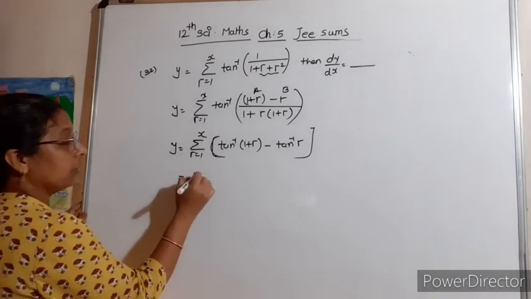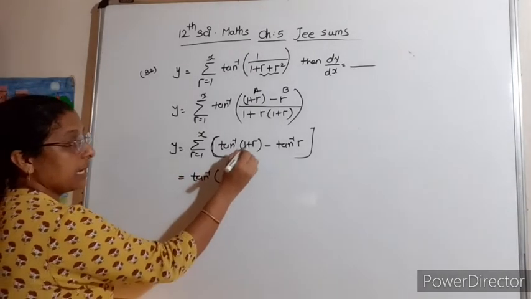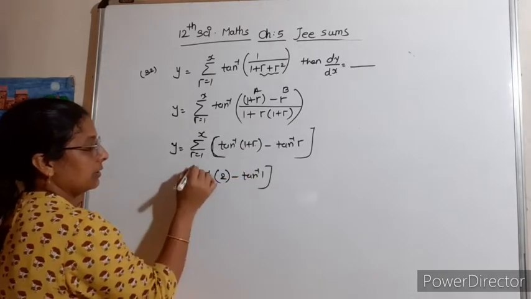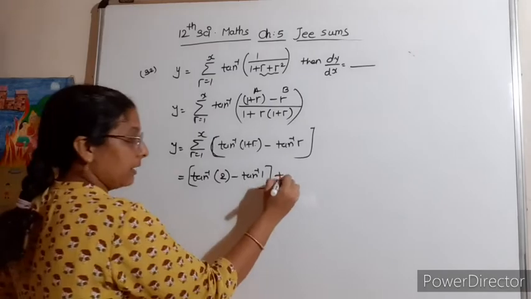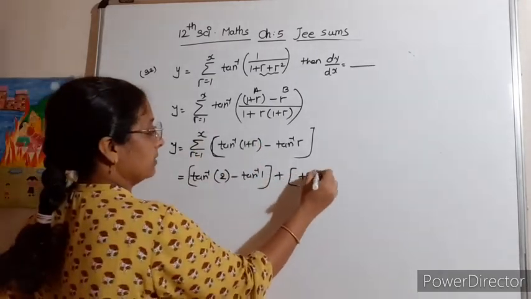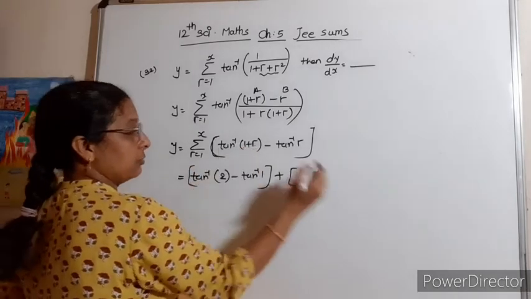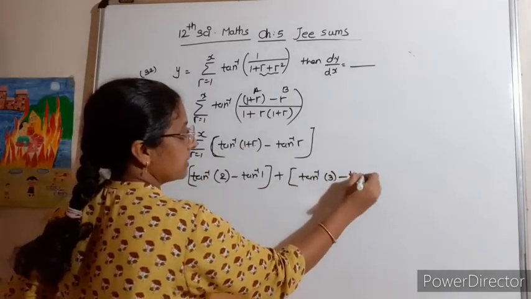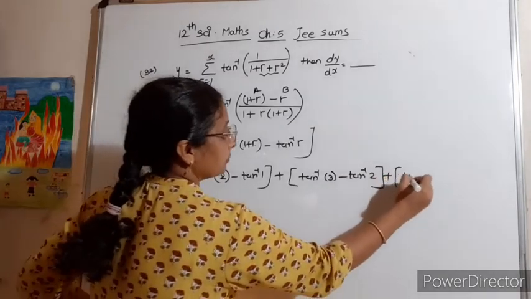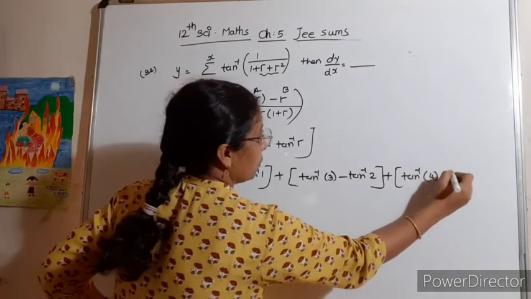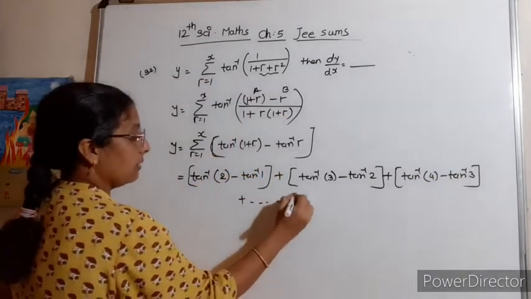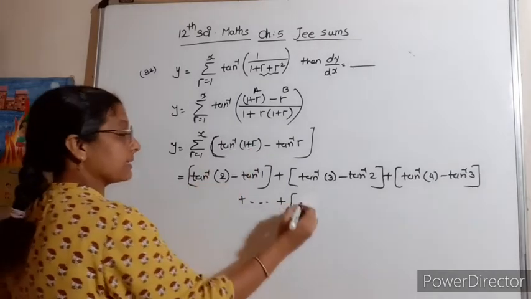That is equal to tan inverse (1 plus 1), 2, minus tan inverse 1 when r is equal to 1, plus ये summation है तो add होगा tan inverse (1 plus 2), that is 3, minus tan inverse 2, ये r is equal to 2, plus tan inverse 4 minus tan inverse 3 and so on, r is equal to x.